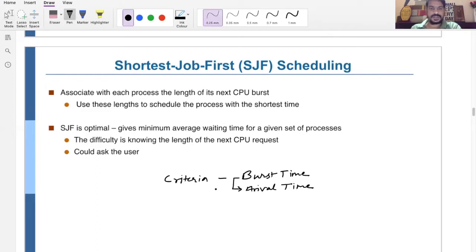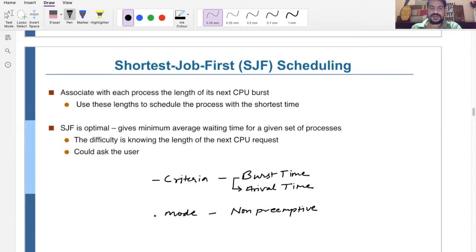Now come to the mode. What is the mode of shortest job first? It comes into the category of non-preemptive, so it is also a non-preemptive type of scheduling. What is non-preemptive scheduling?